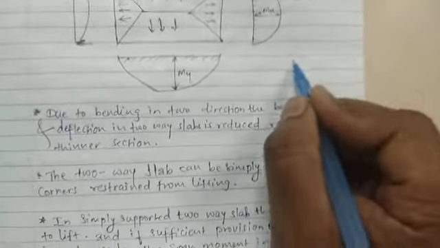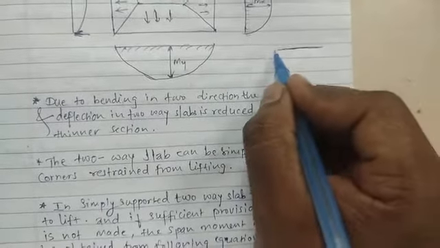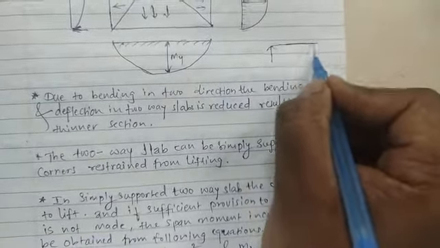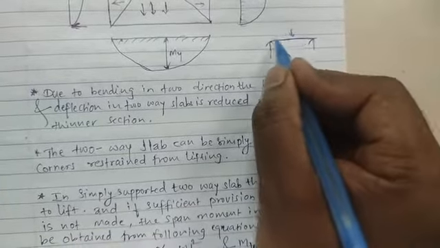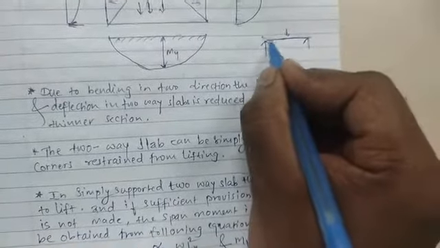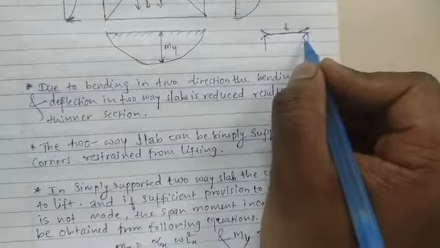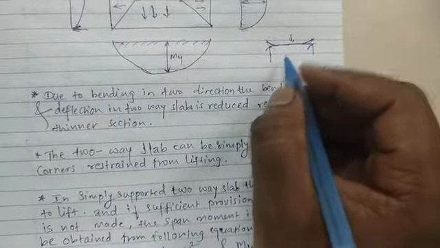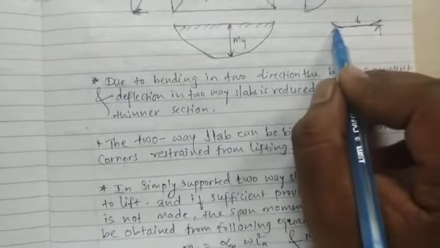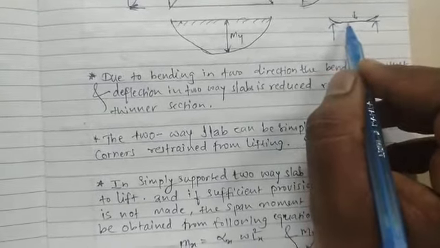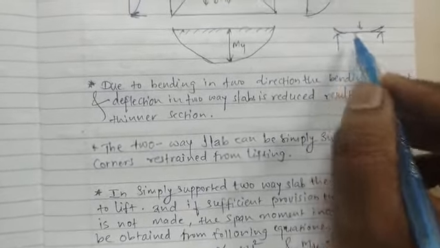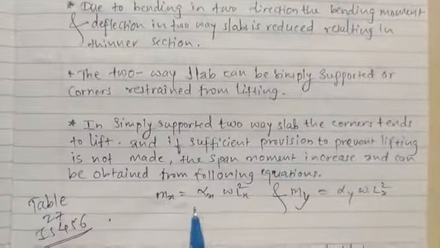When a slab is simply supported and we apply any loading, the edges of this slab will try to lift up. To account for this lifting action, the increased bending moment can be calculated using these formulas.